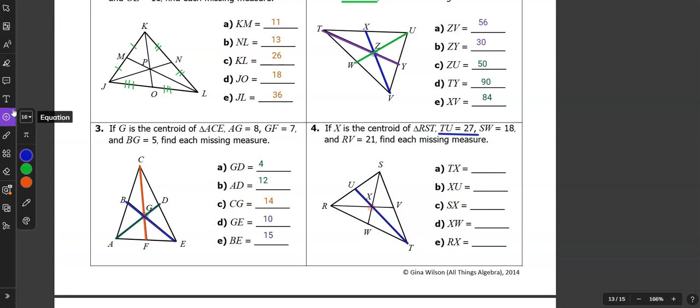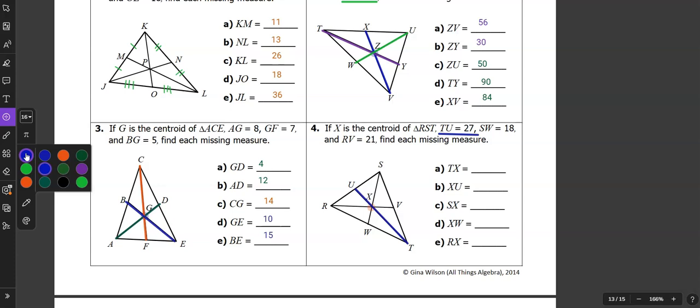So now we are comparing the median to the portions, or the portions to the medians. So TX is going to be 2/3 of 27, and XU is going to be 1/3 of 27. Now, you can either take 27, multiply it by 2/3, or you can take 27 and divide it by 3 to get XU, and then multiply that by 2 to get TX.